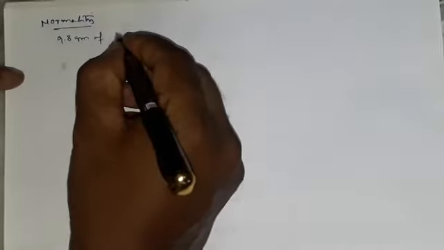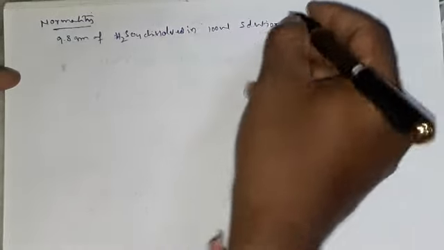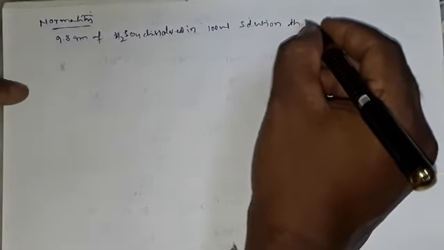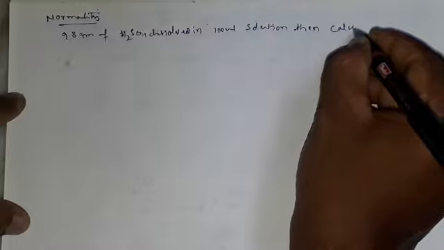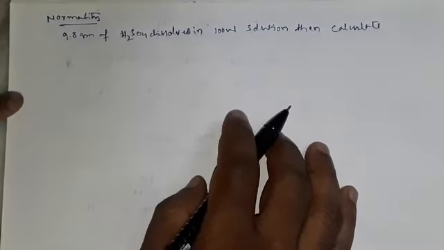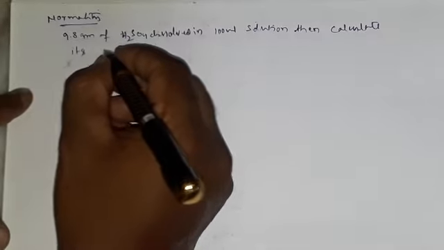Next, normality. 9.8 grams of H2SO4 dissolved in 100 ml solution, then calculate its normality.